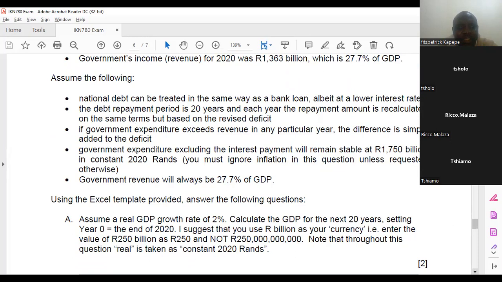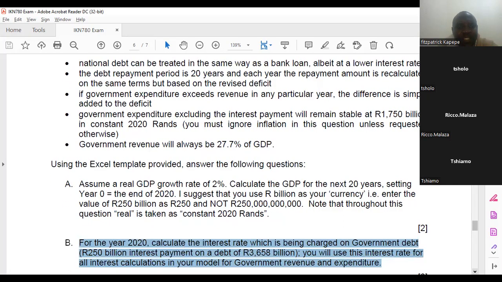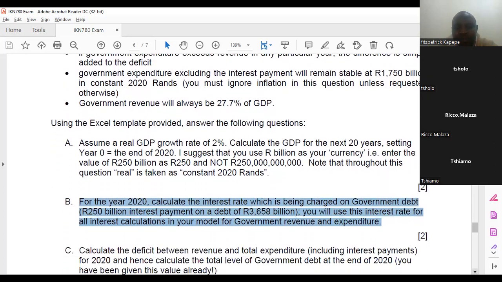The debt repayment period is 20 years, and each year the repayment amount is recalculated on the same terms, but based on the revised deficit. If government expenditure exceeds revenue in any particular year, the difference is simply added to the deficit. Government expenditure, excluding the interest payment, will remain at 1750 billion in constant 2020 rands. You must ignore inflation. Government revenue is always 27.7% of GDP.